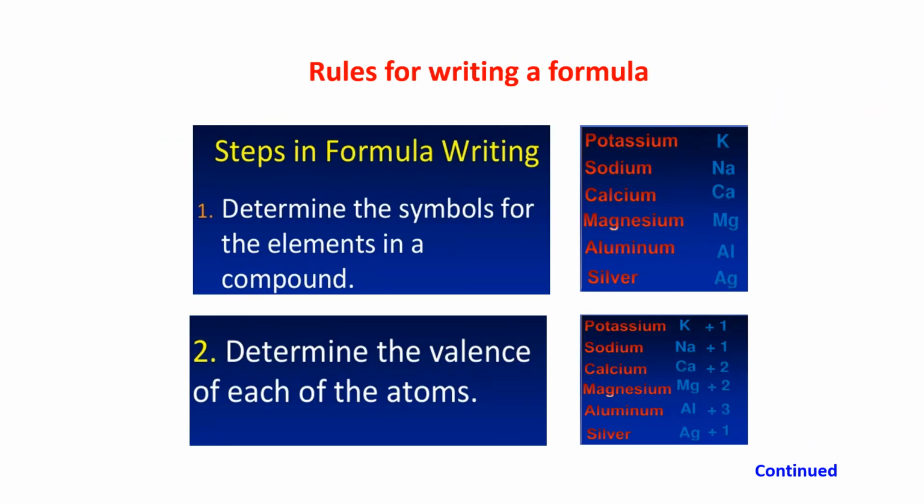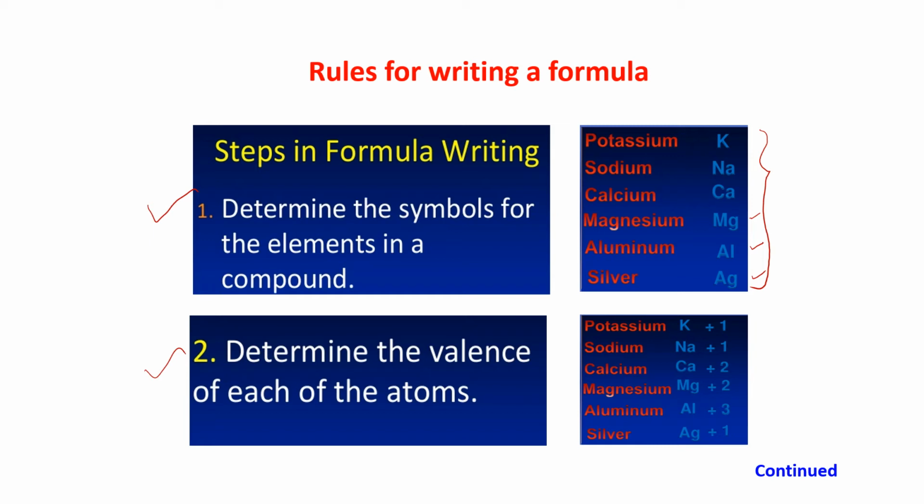Again it is said the same thing. Steps in writing formula. Number 1, determine the symbol of the elements in a compound. That means the symbols are given here. Potassium is K, sodium is Na, calcium is Ca, magnesium is Mg, aluminium is Al, silver is Ag. And then number 2, determine the valencies of each of the atom.